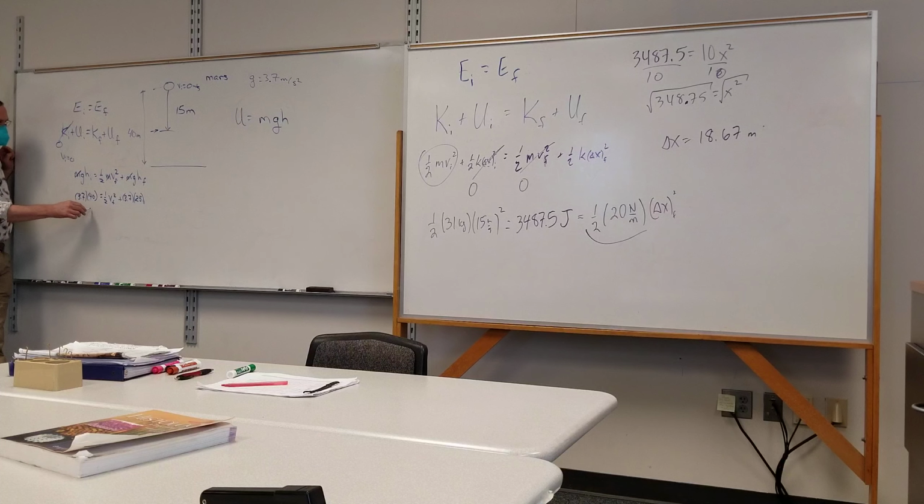So doing the fancy math here, that's 148 equals 1/2 V final squared plus 92.5.